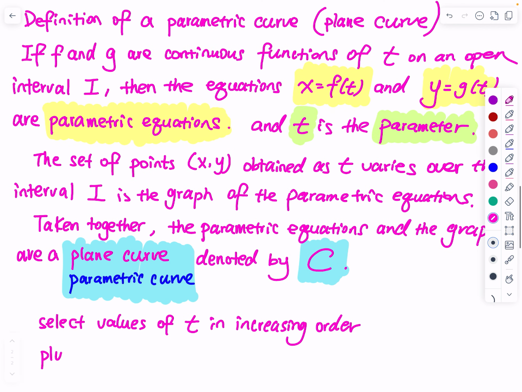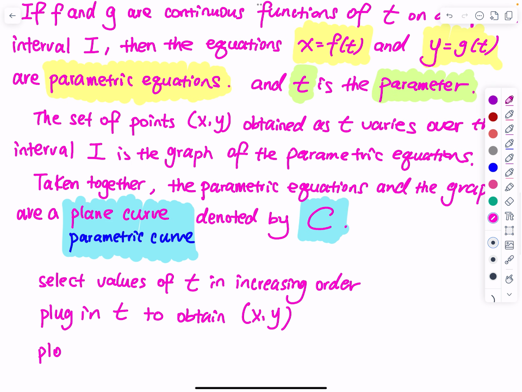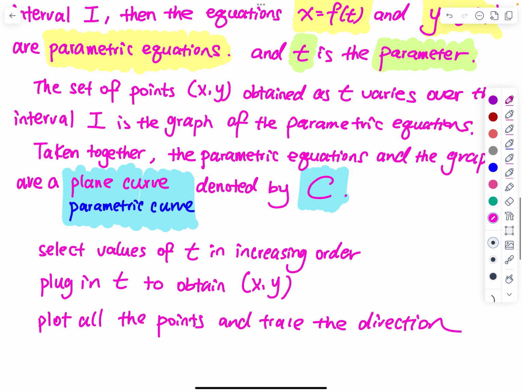And then we plug in t to obtain the points x comma y, and then we plot them. Plot all the points and trace the direction. And this direction is also known as the orientation of the parametric curve.